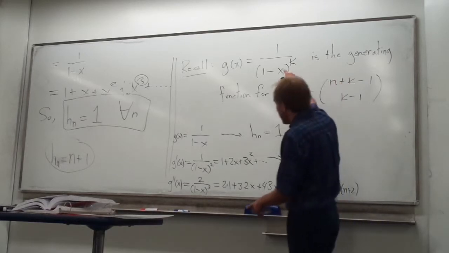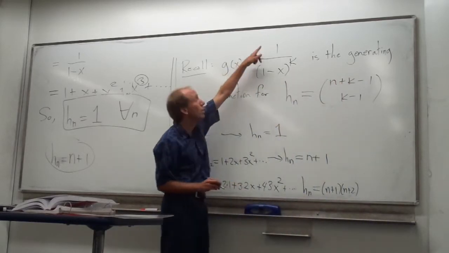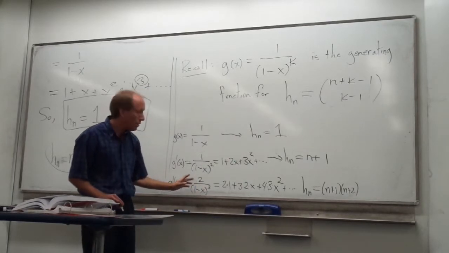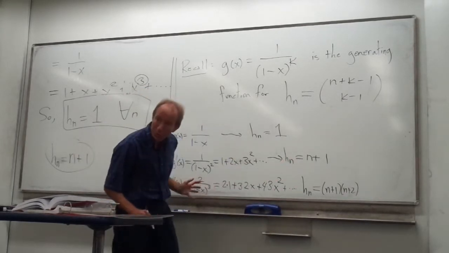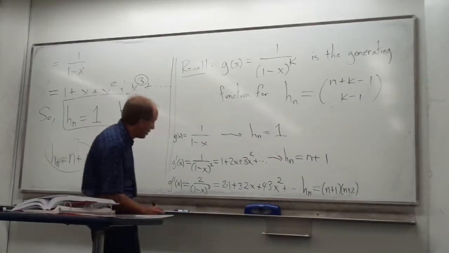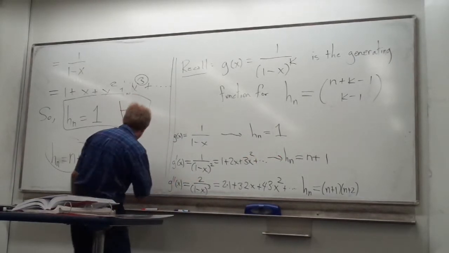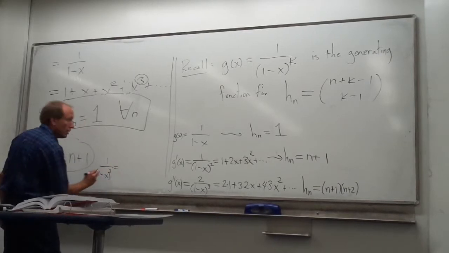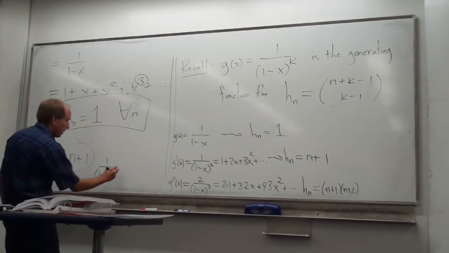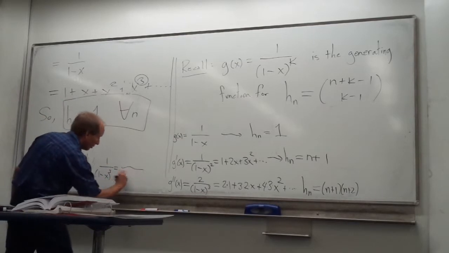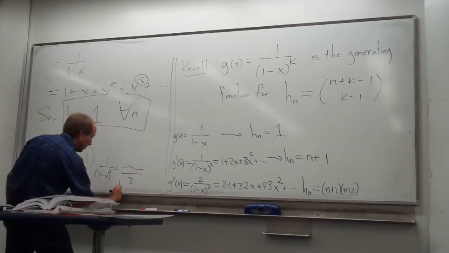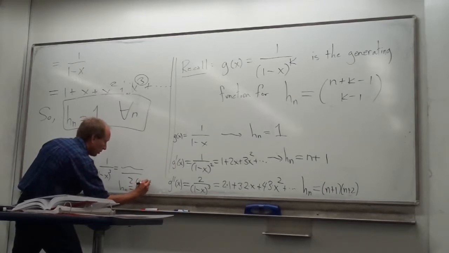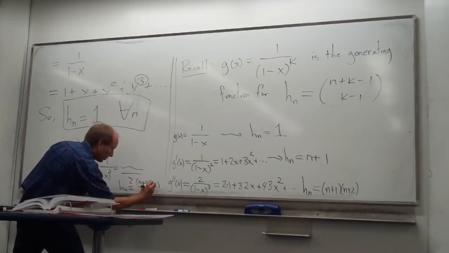However, of course, that doesn't quite match with this because I've got a 1 on top here, whereas over here I have a 2 on top. So you can divide through by 2. If you divide through by 2, you'll get 1 over 1 minus x cubed equals basically this whole thing over 2. And your new coefficients are n plus 1 times n plus 2 over 2.